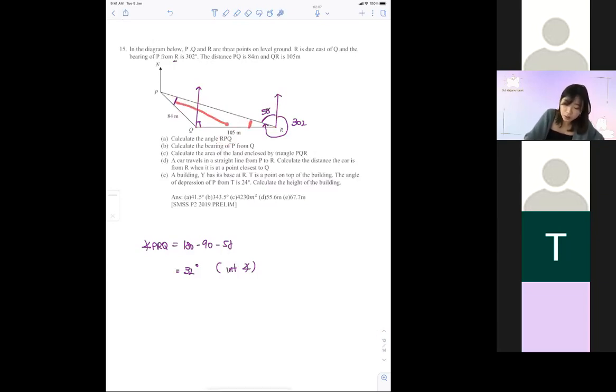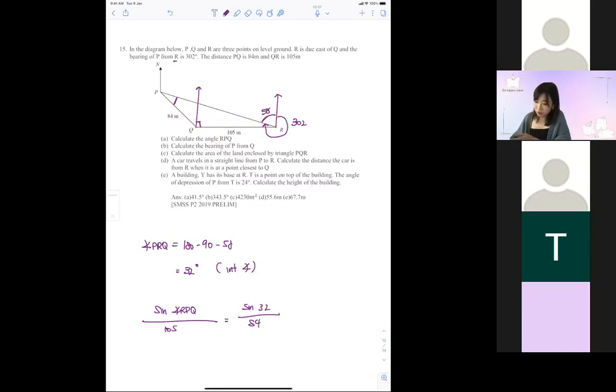See, unknown, you have the opposite. You got this angle, you have the opposite. You form two pairs with only one unknown. So you can use that: sine of angle RPQ over 105 is equal to sine 32 over 84.